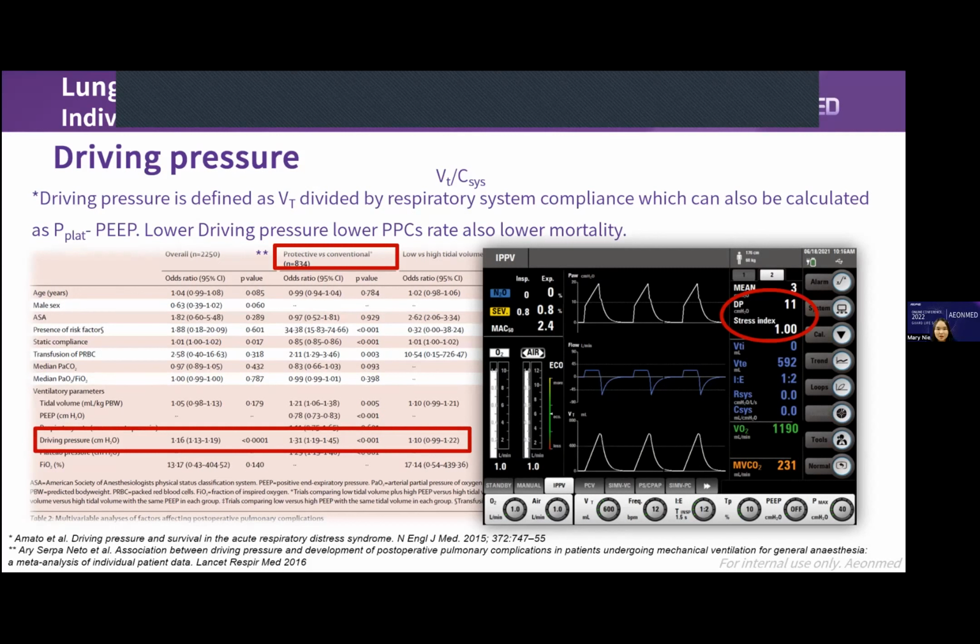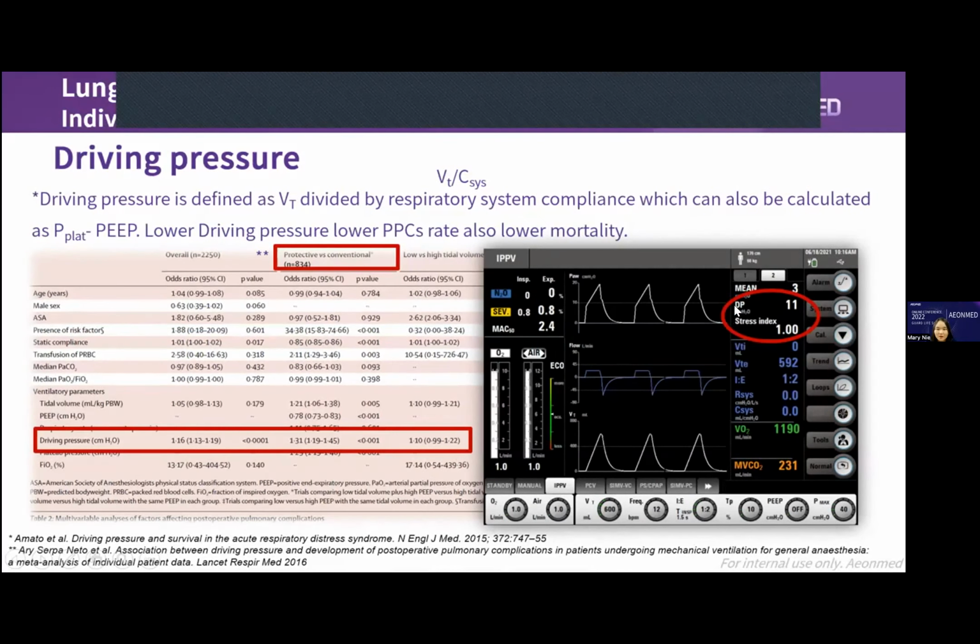lung protective ventilation. And in our anesthesia workstation, EN 8800A, we're the first one in this world, and now still the only one to put these two monitoring parameters in our anesthesia workstation. The first one is the driving pressure, and we can see it here. The driving pressure usually suggests to be below 13 to 15 centimeter water.